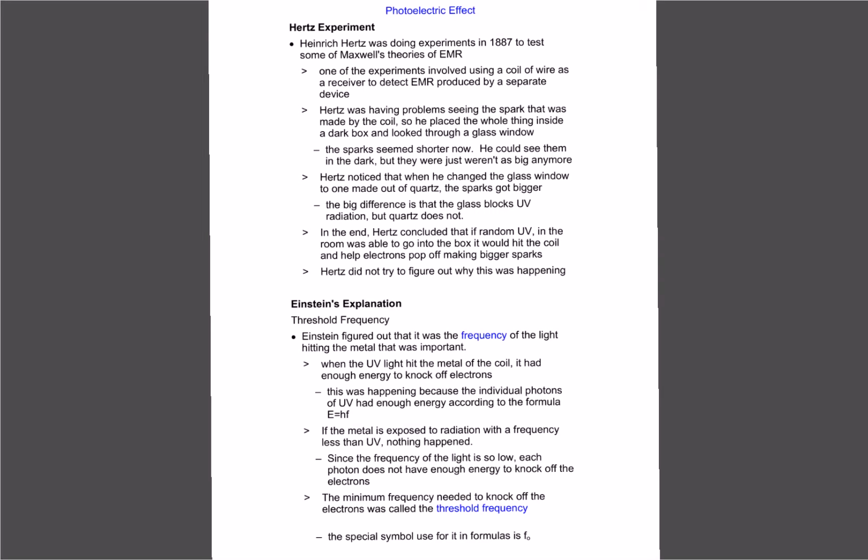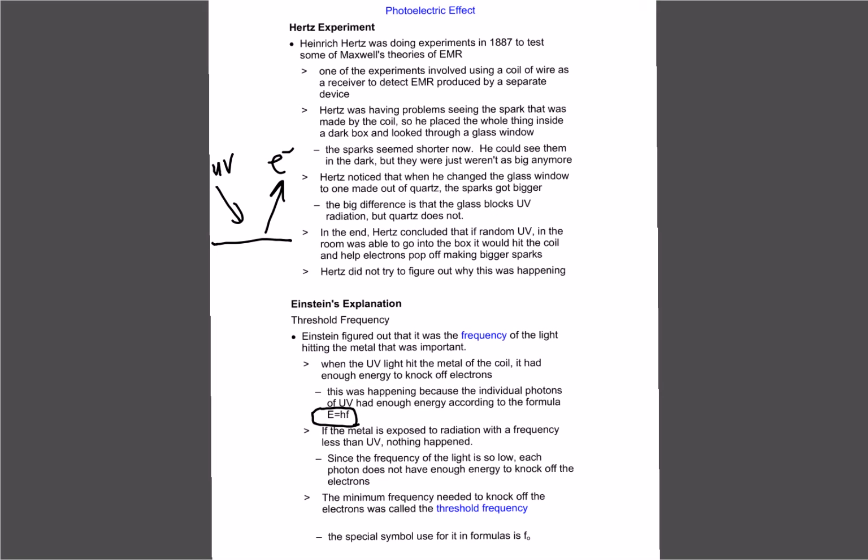Einstein then came along and said that what's happening is we have some sort of ultraviolet light coming in, hitting a metal surface, and because of that frequency, whatever the magic frequency is of that light source, it's going to cause the electrons to leave the surface. So Einstein said, basically what we're dealing with is still Planck's formula, E equals hf, and the energy that each UV photon has gets transferred to the electron.